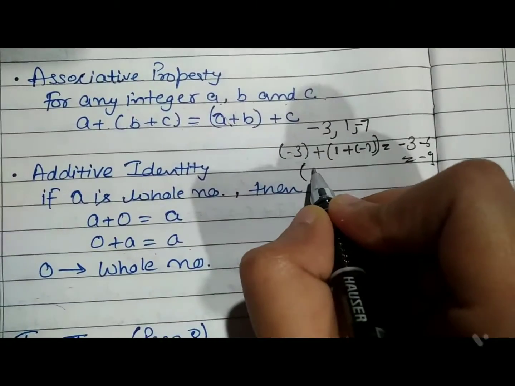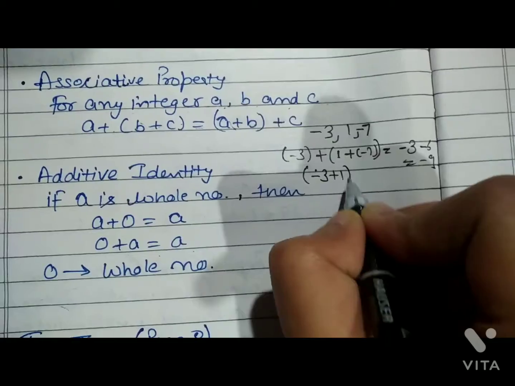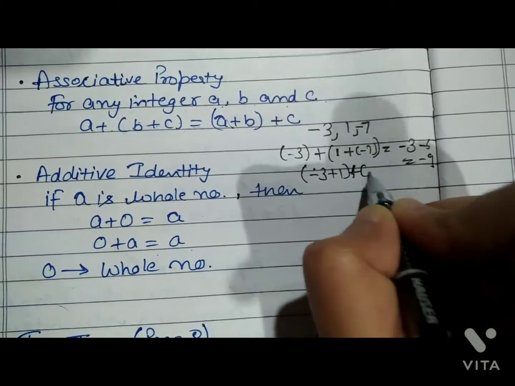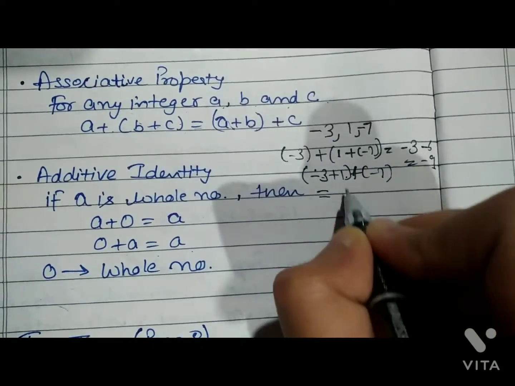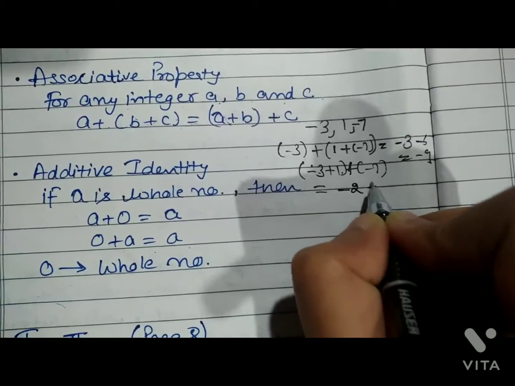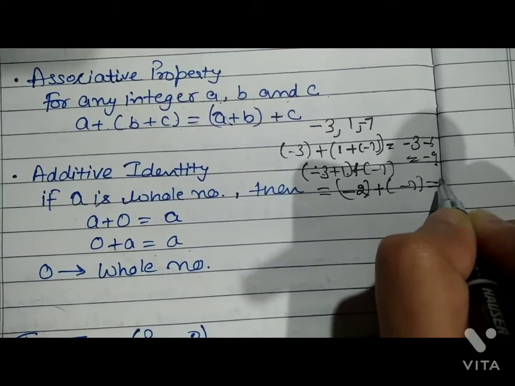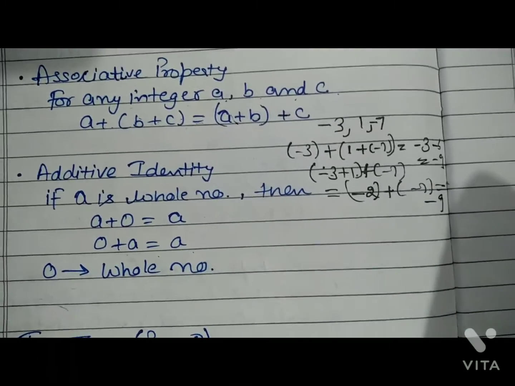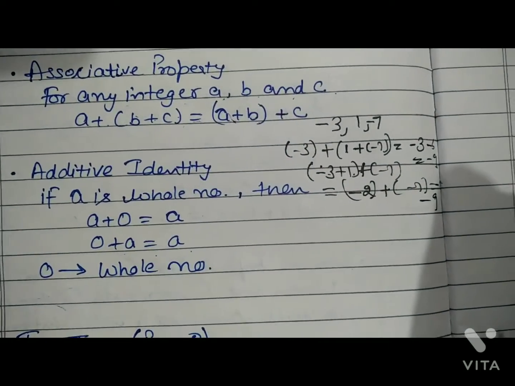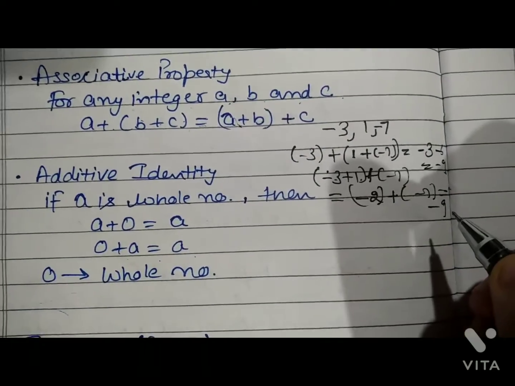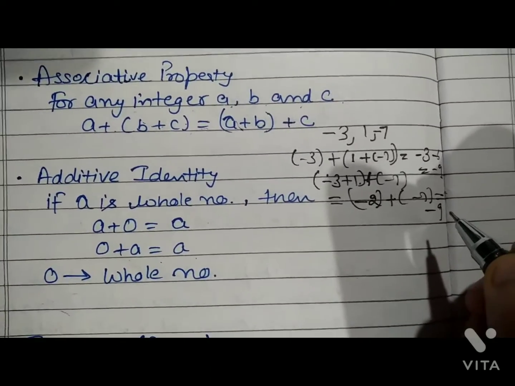If we do minus 3 plus 1 first, it becomes minus 2 plus minus 7, which is also minus 9. So this is an example of the associative property.